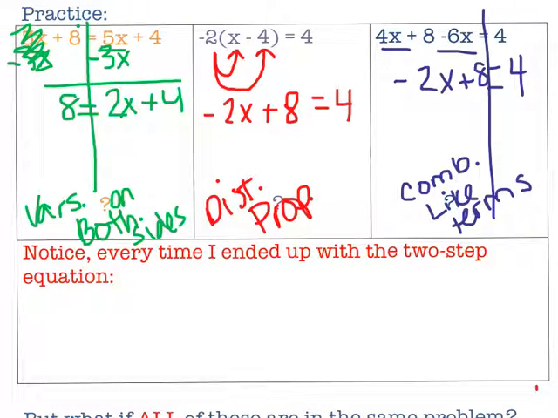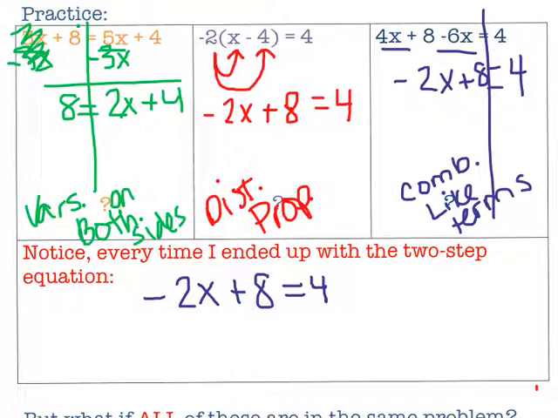And I just noticed that for the variables on both sides, just so we ended up with the same looking equation every time, I should have just had you subtract the 5x. But every single one of these equations is negative 2x plus 8 equals 4.